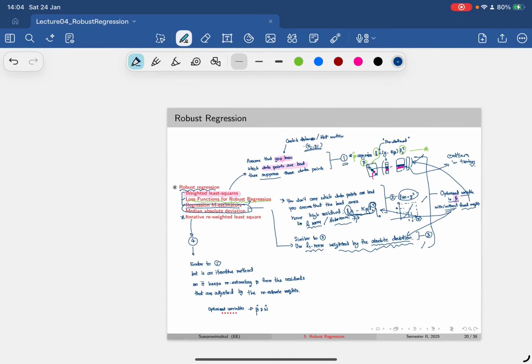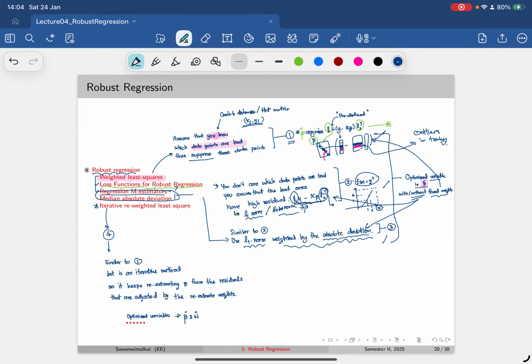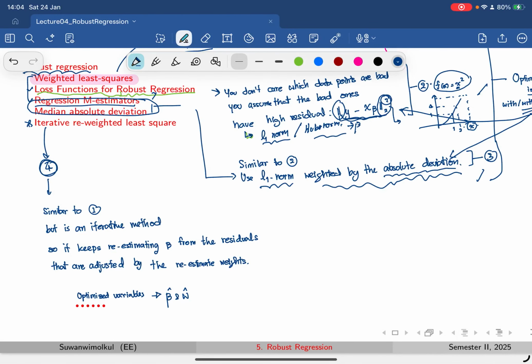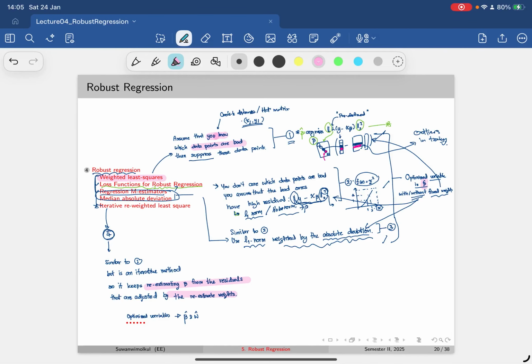Okay, then that's it. Those are the three methods that we will go through today. And in fact, we have another method, the fourth method. The difference between the fourth method and the rest is that for this one, you will re-estimate beta given that you update the weight, similar to technique number 1, that L weight here. But this algorithm will iteratively estimate the weight, then use that re-estimated weight to estimate beta.